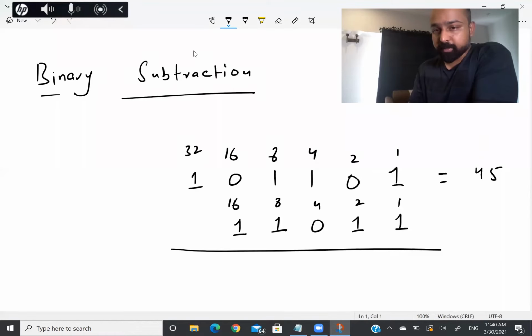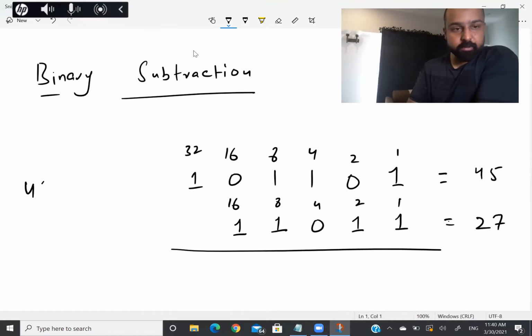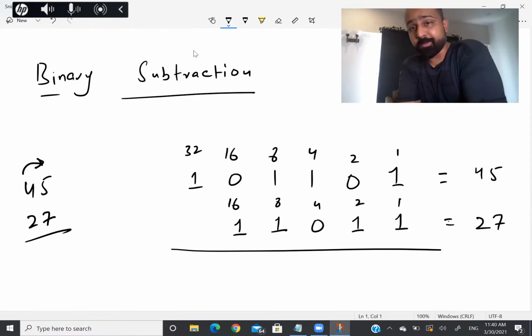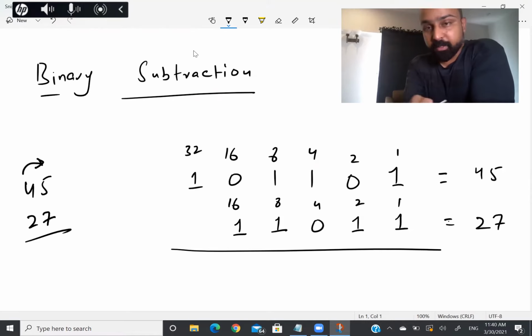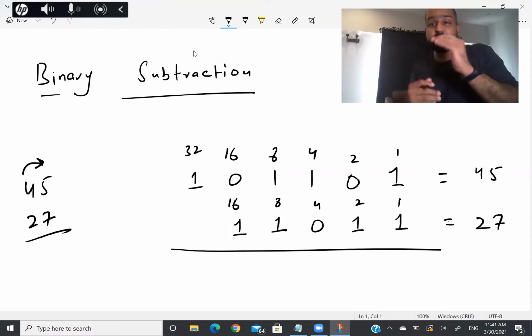So this will become 27. And if we perform the subtraction like this, one will be borrowed. Now this borrow thing is important because we are going to do the same thing in the binary subtraction as well.